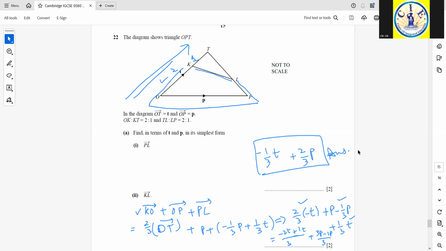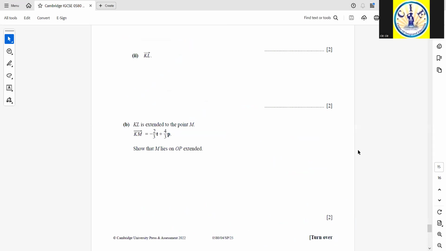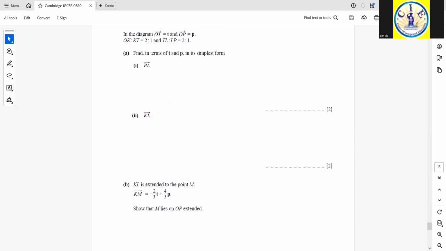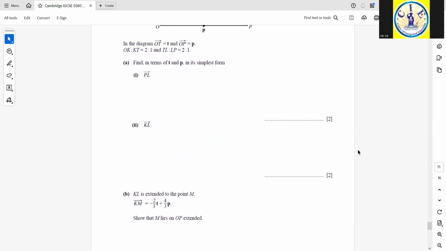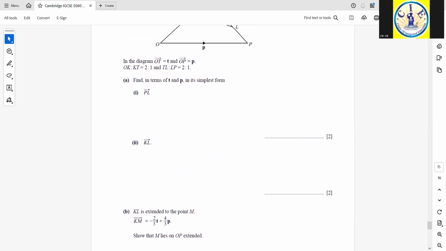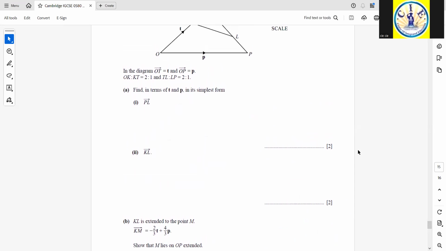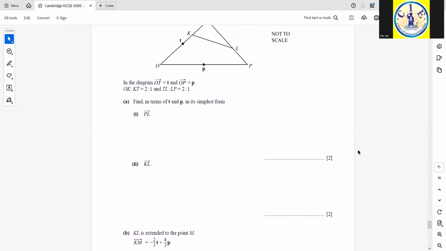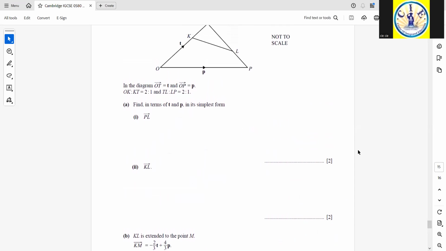Okay, then KL is extended to the point M. KM is equal to negative 2 by 3T plus 4 by 3P. Show that M lies on OP extended. M lies on OP extended. Like this and this.